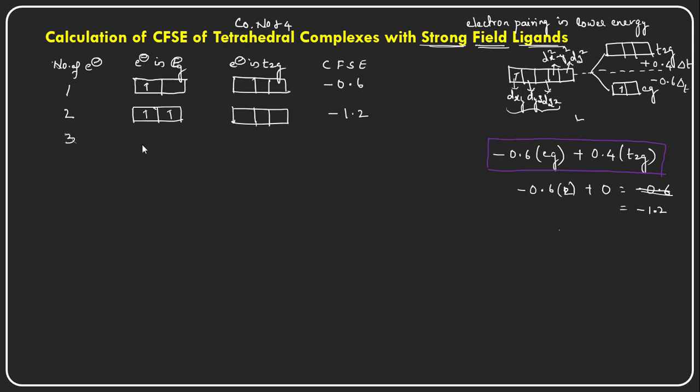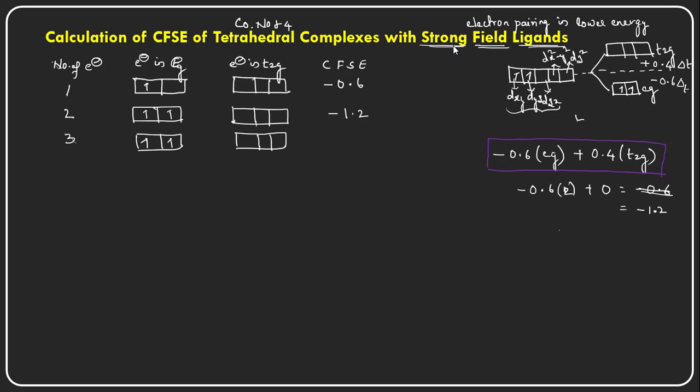And the third electron, where will it enter now? So the question comes here. Since this is a tetrahedral complex with two electrons already, the lower energy level is half filled. Where will the third electron enter? Here we have to see the field strength of the ligand.